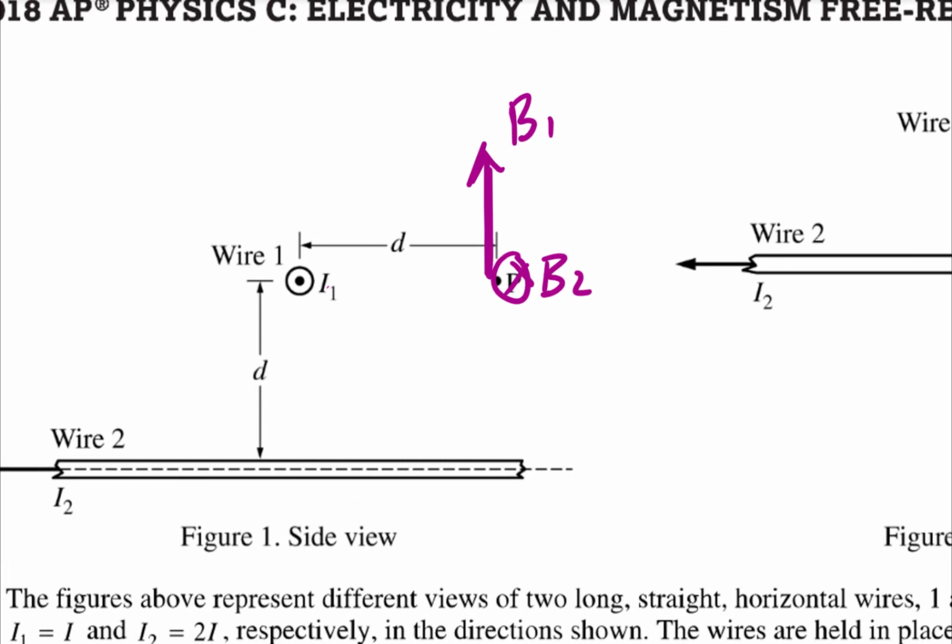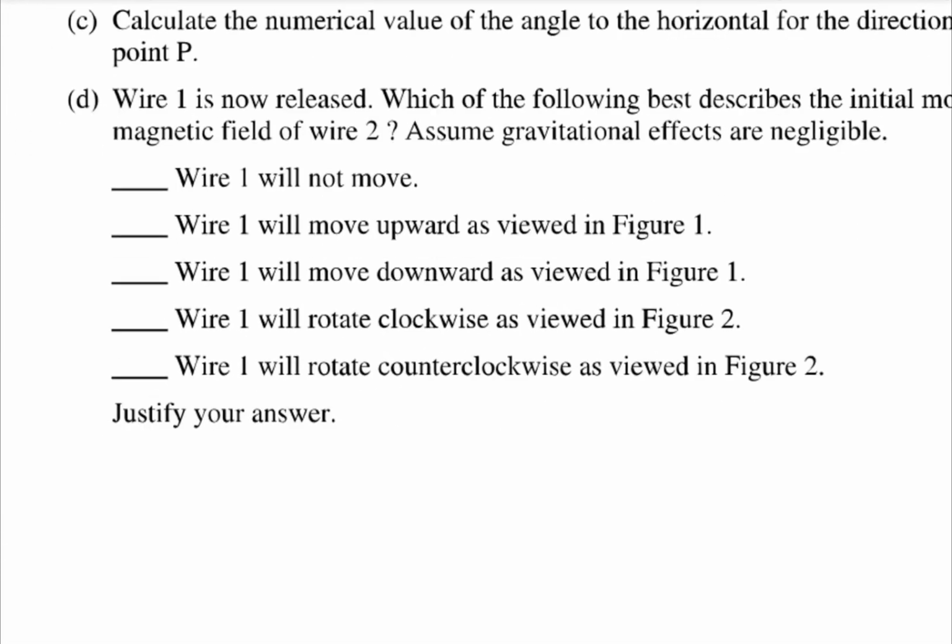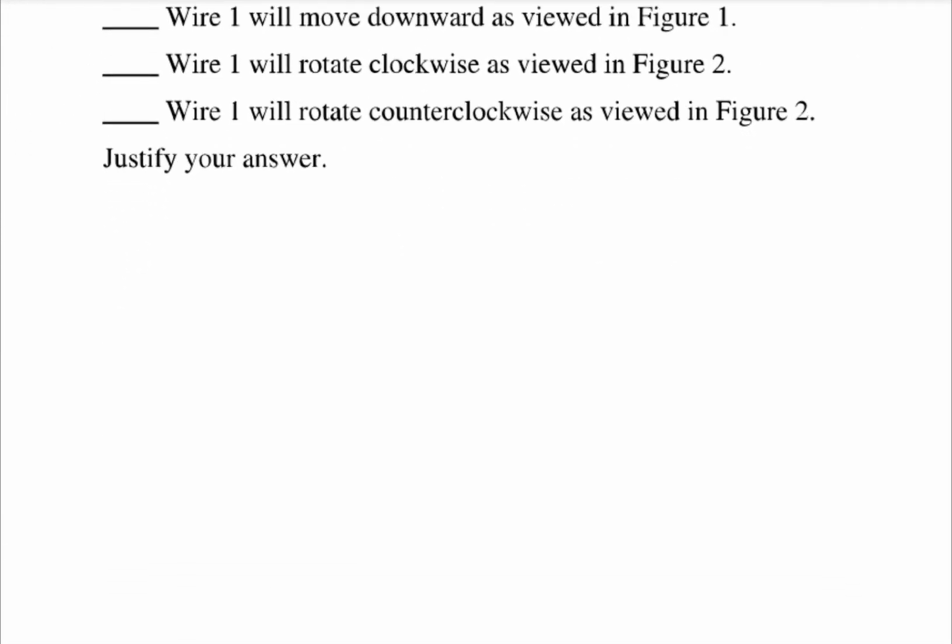So what we want is the angle of the net magnetic field to the direction that B2 points. That's the horizontal direction. And so if we adjust the way that we're looking at that, B2 points in this direction and B1 points this way. And so what we want is that angle.